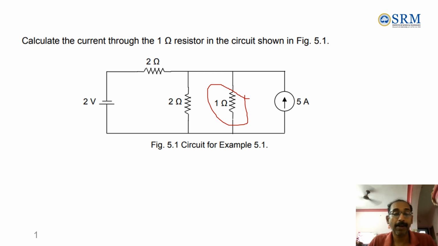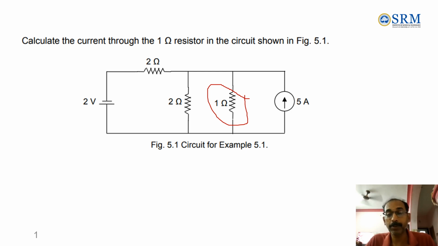The reason is we have to include their internal resistances, because the difference between the ideal voltage source and the practical voltage source is the internal resistance. The voltage source in series with the internal resistance is the practical voltage source, right? So to take into account the internal resistance, the voltage source has to be shorted. Similarly, a practical current source is one in which there is some internal resistance connected in parallel with the current source.